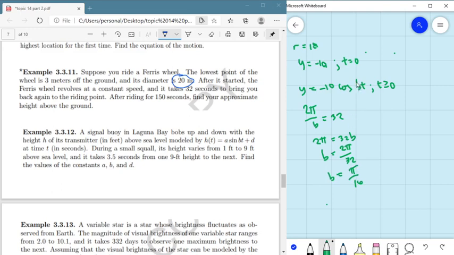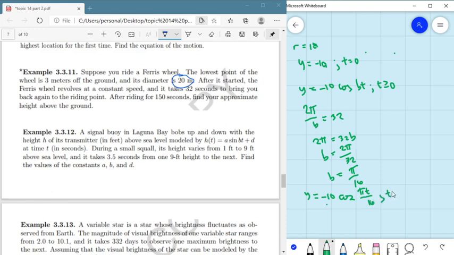So, replacing b with pi over 16, we can say that y is equal to negative 10 cosine of pi t over 16.